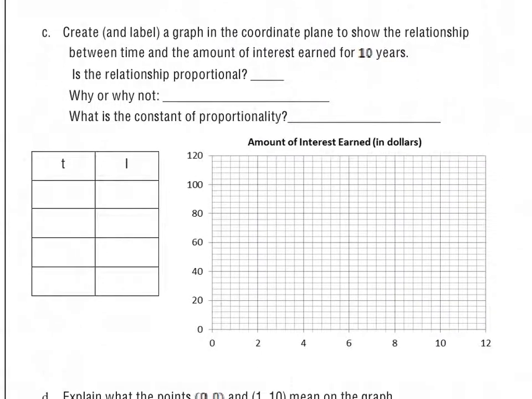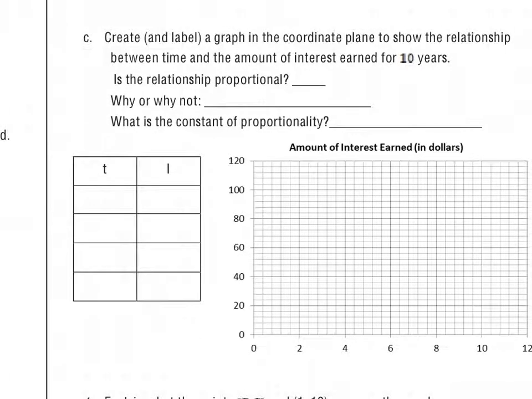All right, create and label a graph below in the coordinate plane that shows the relationship between time and the amount of interest earned after 10 years. All right, so let's go ahead and come down here. Let's put some points in here. I'm going to add actually one down here. 0, 1, 2, 3, and 4. Determine for me how much interest would be earned after each time.